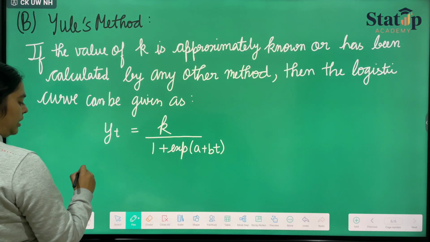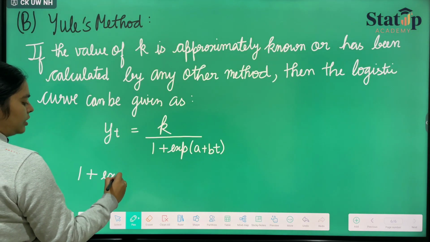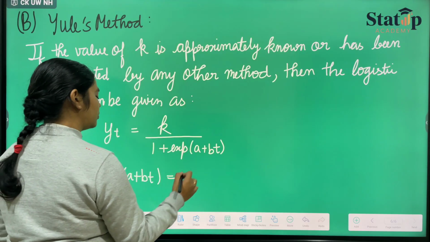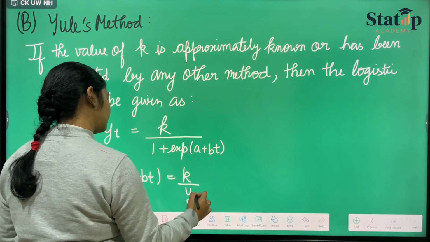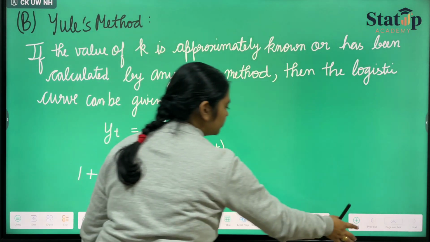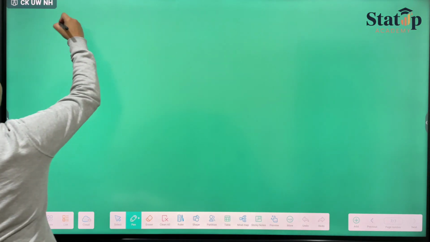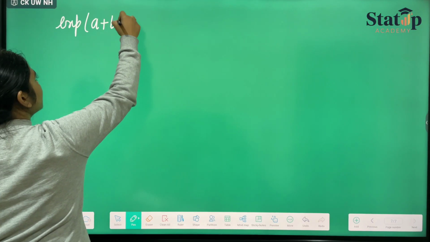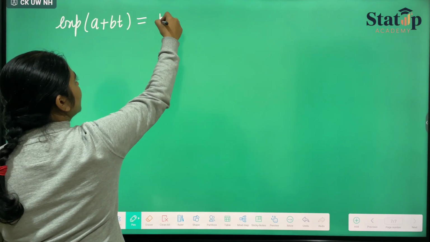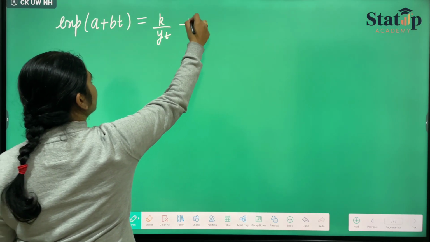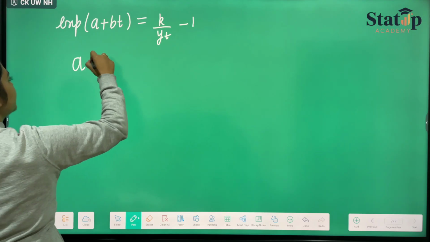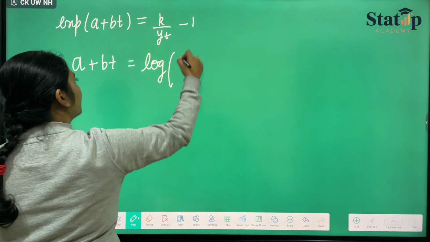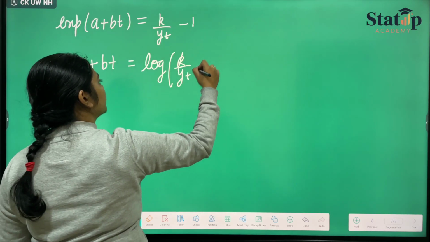If we take this on the left hand side, we'll get 1 plus exponential a plus bt is equal to k upon y_t. If we take the 1 to the other side, then we'll get exponential a plus bt is equal to k upon y_t minus 1, and a plus bt is equal to log of k upon y_t minus 1.